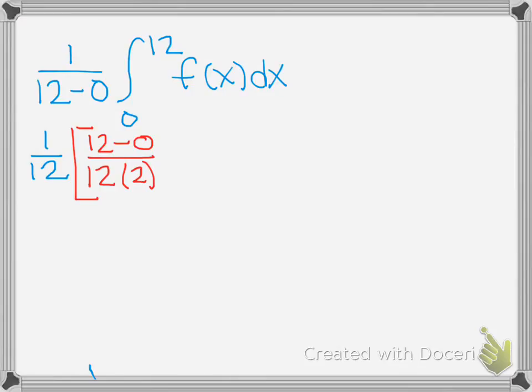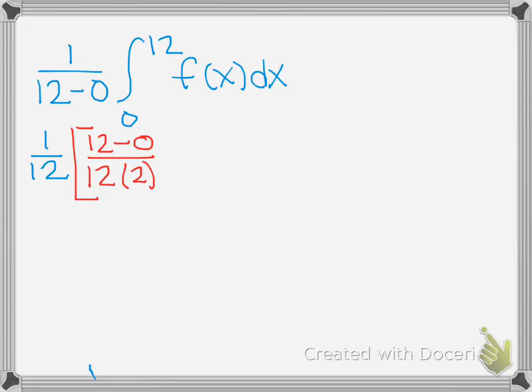So the 1 over 12 on the outside in blue represents the average temperature, the 1 over b minus a that we're working on. The 12 minus 0 over 12 times 2 represents the 1/2 b minus a over n for the trapezoidal rule.